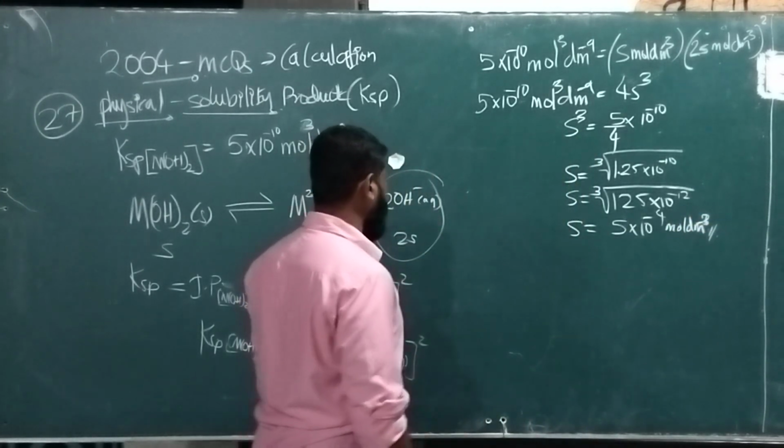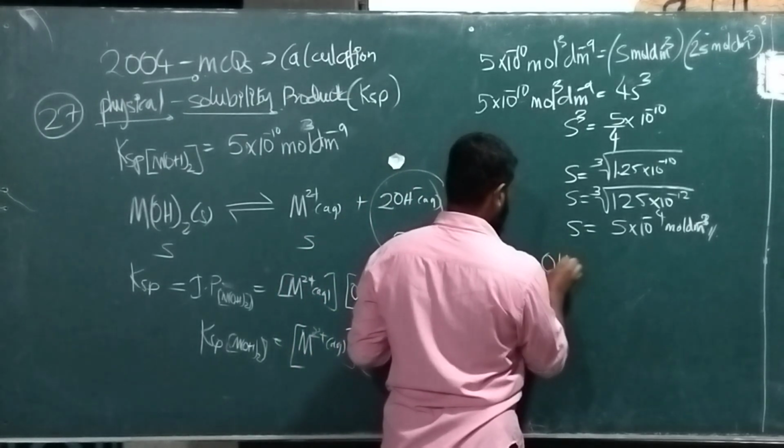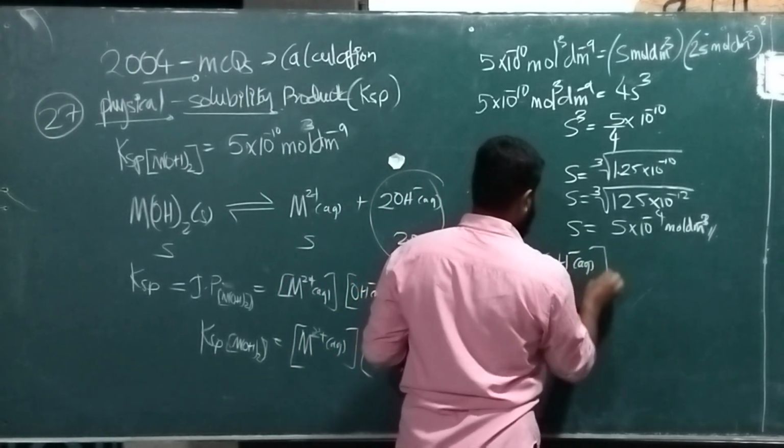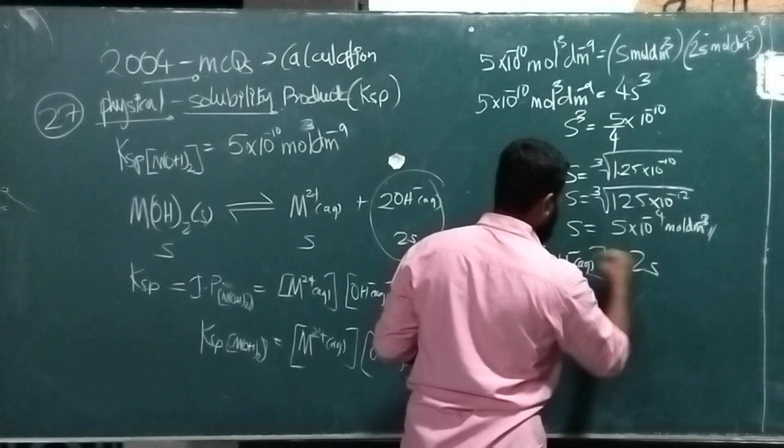Now they are asking the concentration of OH minus. The OH minus concentration in the saturated case is equal to 2S.